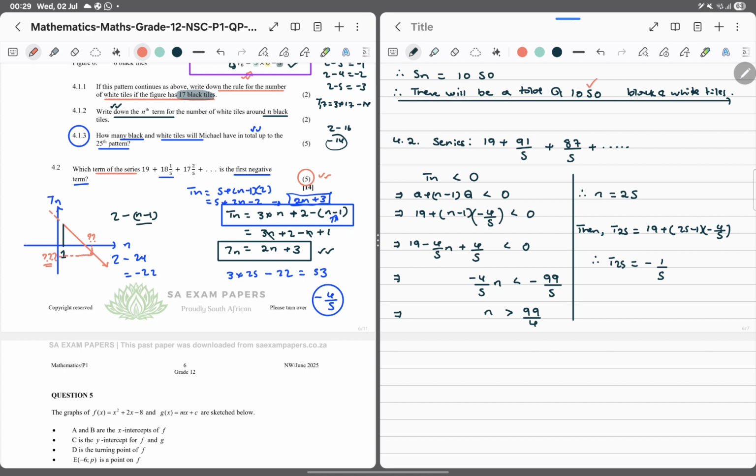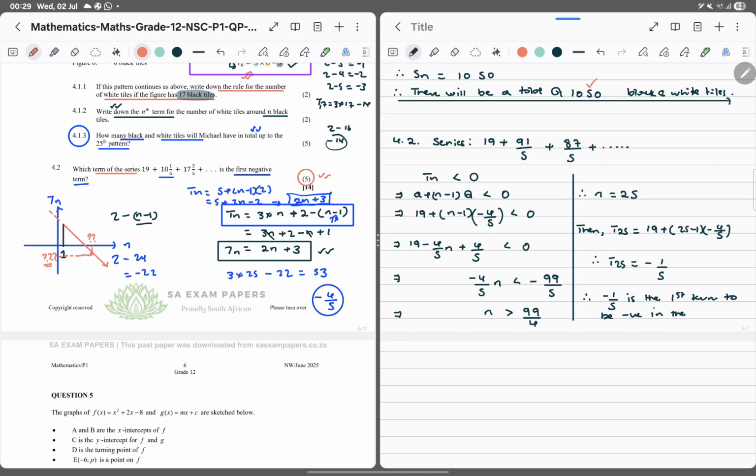Okay. Understand, it's like this. So this is indeed, so what we can say, therefore, minus 1/5 is the first term to be negative in the pattern.